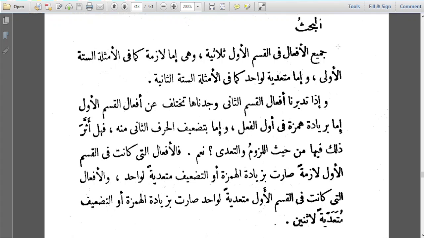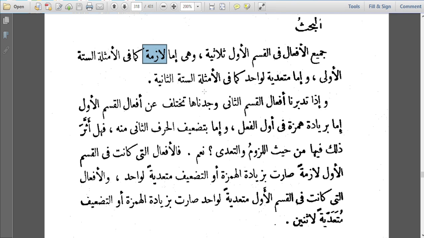Okay. It says here al-bahth, the explanation. It says جميع الأفعال في القسم الأول ثلاثية. All the verbs in the قسم الأول are three-lettered verbs. وهي إما لازمة كما في الأمثلة الستة الأولى. In the first 6 examples, the verbs are لازمة, that is, they are intransitive.